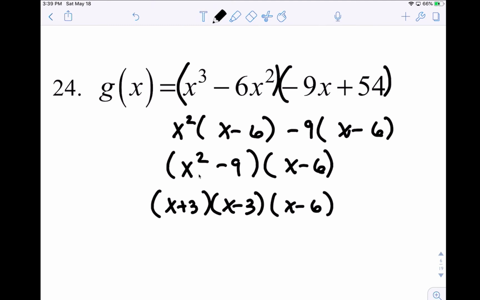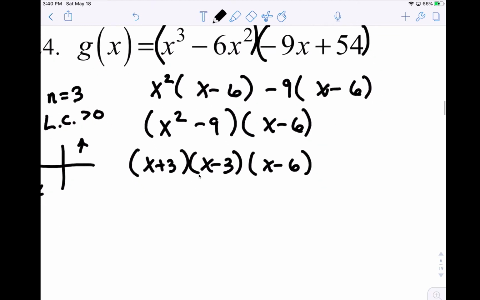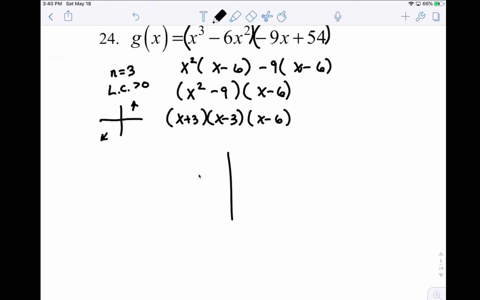Okay, so my degree is 3. Leading coefficient is positive. All right, so that tells me I'm going to start down here and finish up there. Okay, so just draw out your axis and your intercepts.